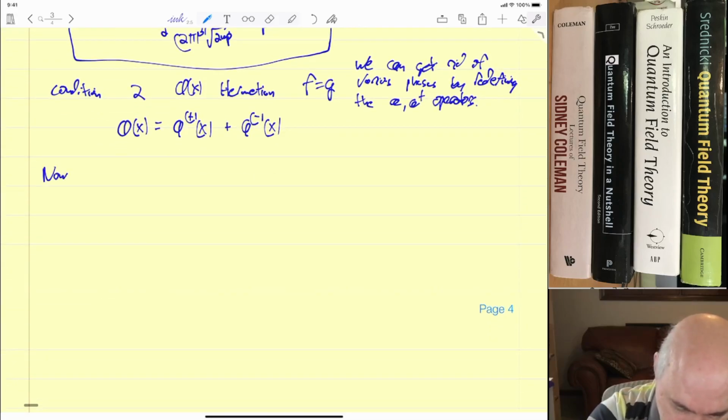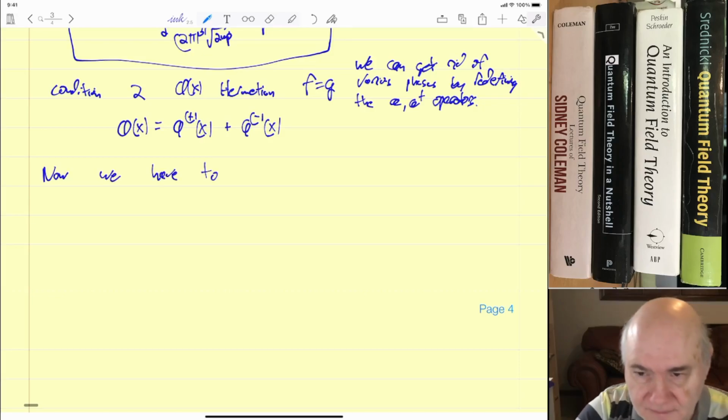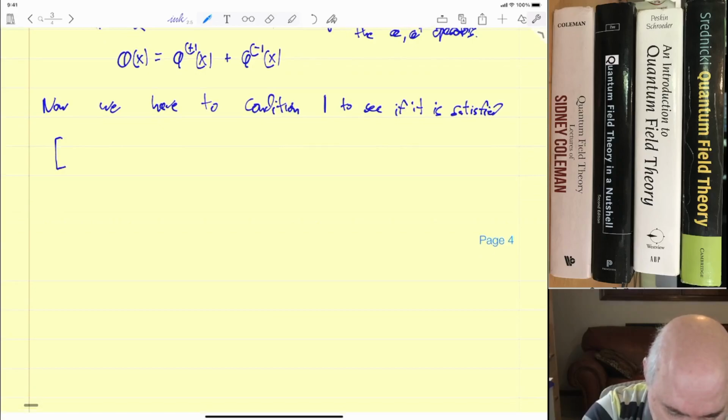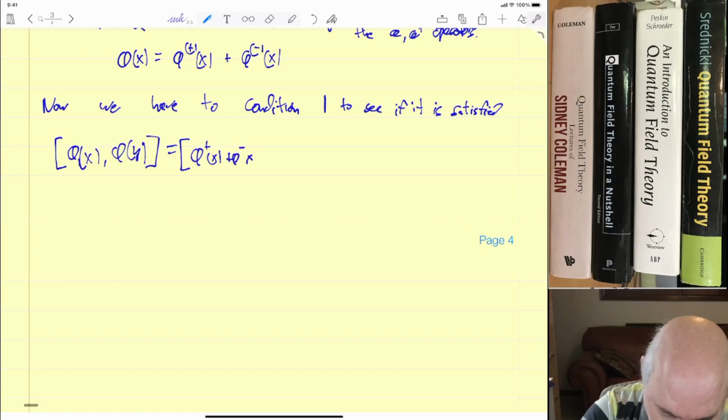So now we have to check condition 1 to see if it's satisfied. So we have the commutator of phi x and phi y is equal to the commutator of phi plus x plus phi minus x, comma, phi plus y plus phi minus y.